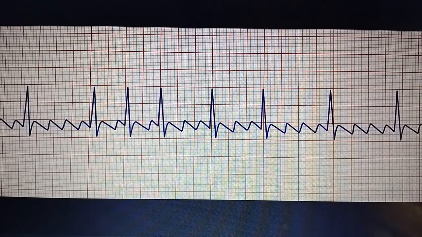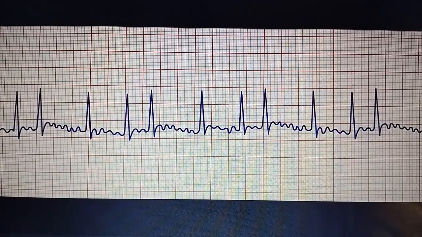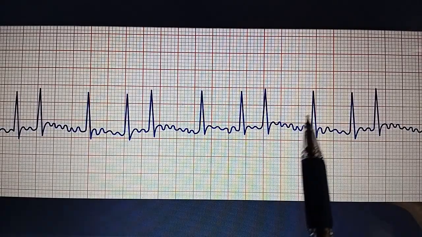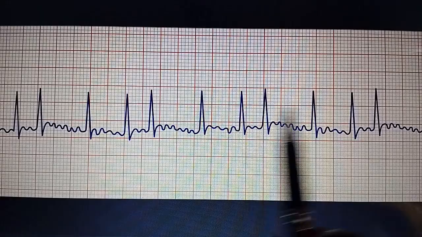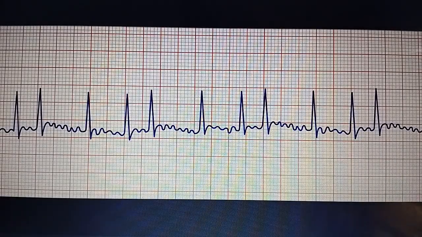On the other hand, in case of atrial fibrillation, now this is the case of atrial fibrillation. As you can see, the ventricular rate is increased and the rhythm is irregular, and there is no sawtooth appearance of the P waves.